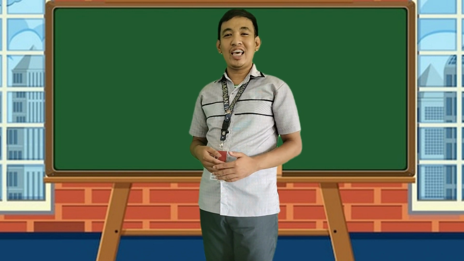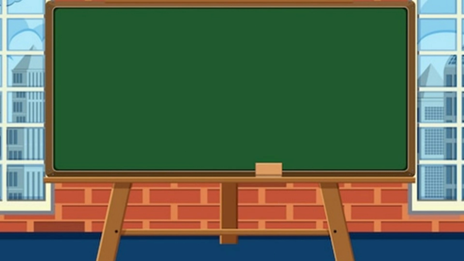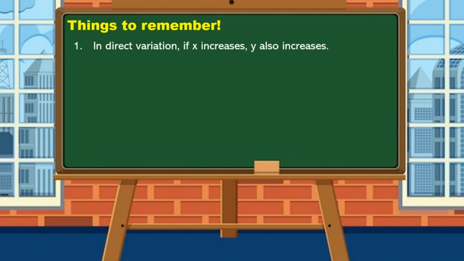Now, before we end, here are the things that you need to remember. First, in direct variation, if x increases, y also increases. The graph of direct variation is a line.